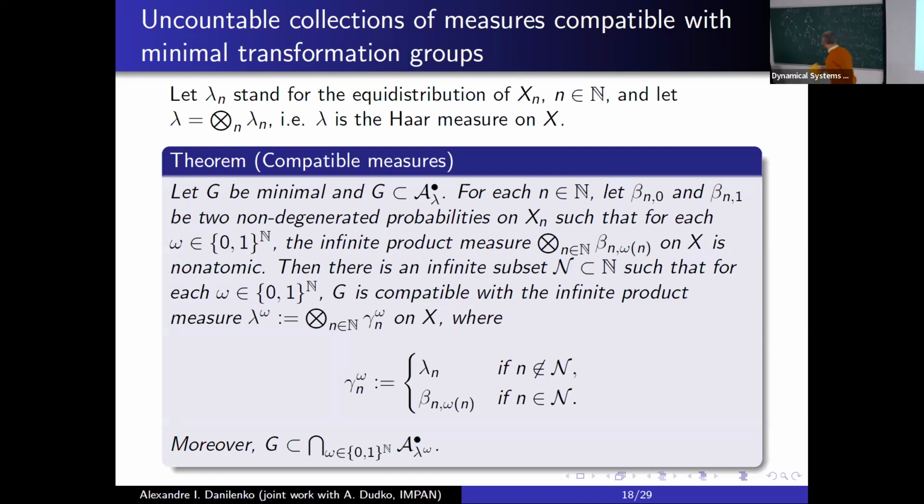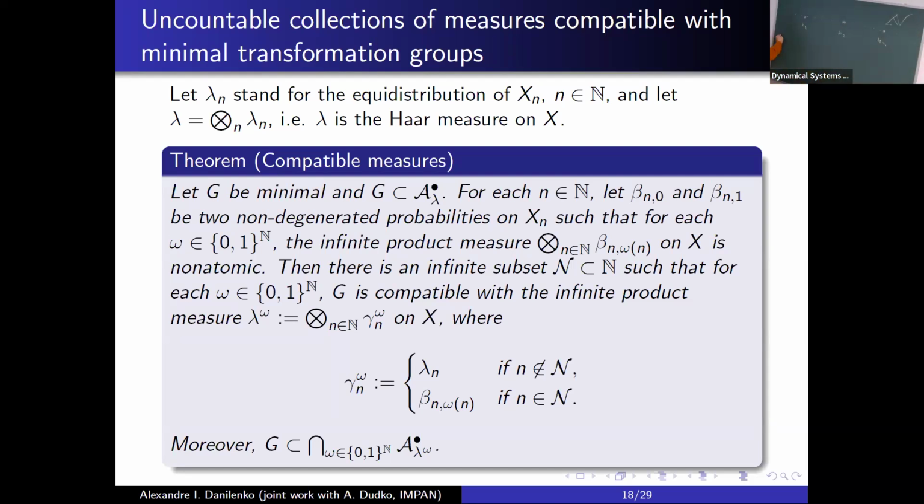So let me draw a picture. This is M. Our purpose is to construct N1, somewhere N2, N3, and so on.